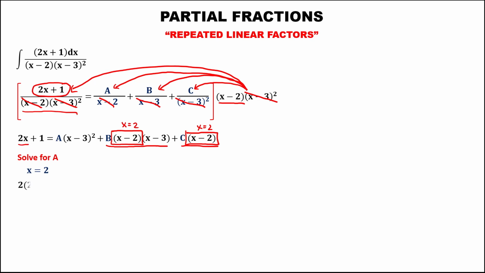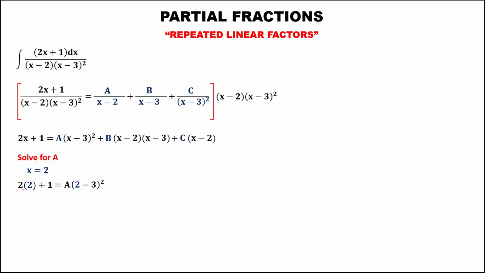So this becomes 2 times 2 plus 1 equals A times the quantity of 2 minus 3 to the power 2. Again, there's no need to substitute this value to B and C because B and C become 0.